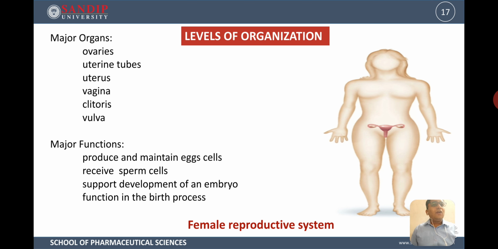Then the female reproductive system, organs: ovaries, uterine tubes, uterus, vagina, clitoris, vulva. Now what is their main function?